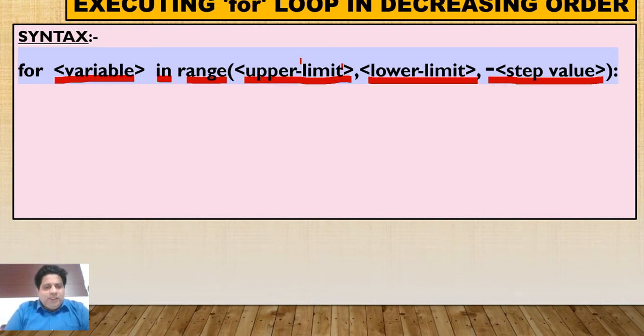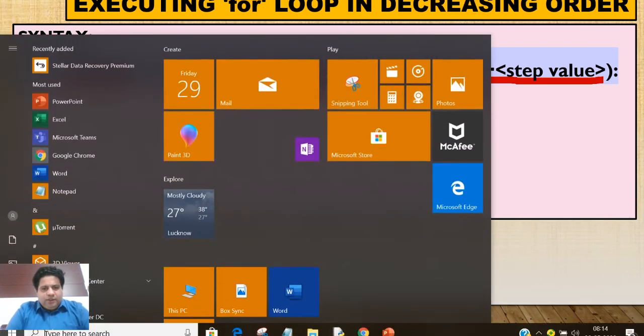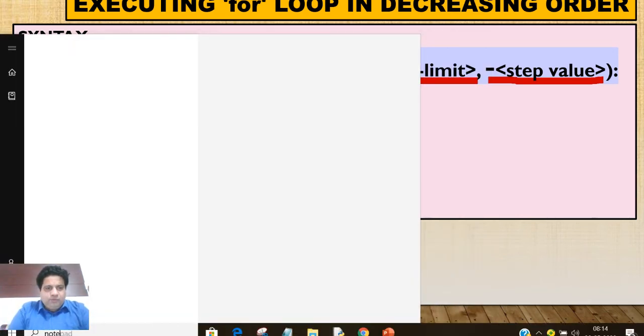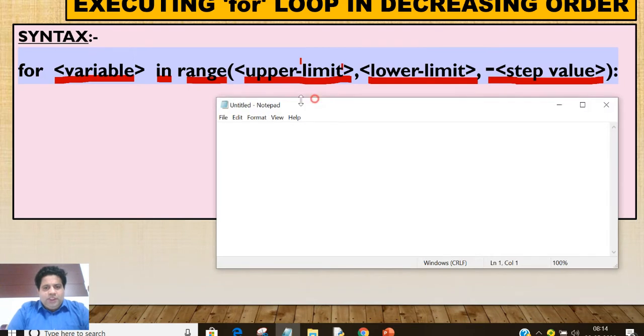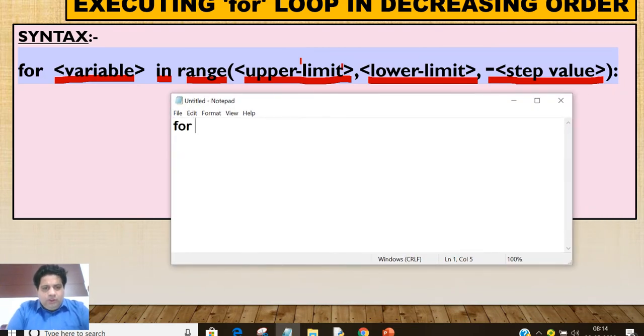Normally, how do we run a for loop? You write for variable in range. See, the syntax for the loop is for a in range, then you write the lower limit, then the upper limit, and then the step value.